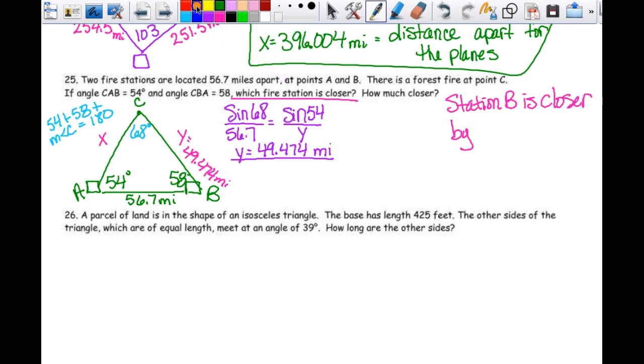Then I need to go and find the other one. So again, the sine of 68 over 56.7 is equal to, now this angle, 58, sine of 58 over x.